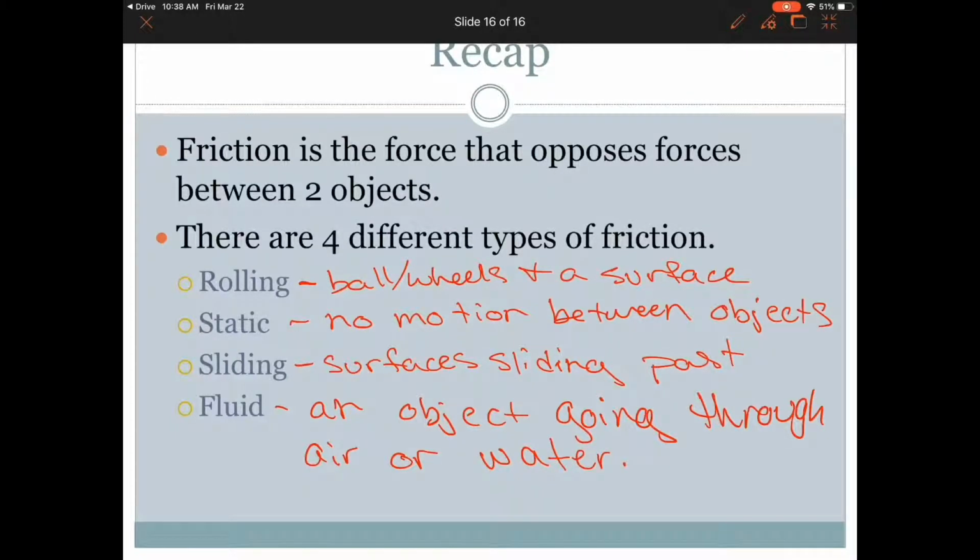And some ways to reduce friction would be adding a lubricant, having a smooth surface, or even changing the type of friction. So instead of having sliding friction, do rolling friction.